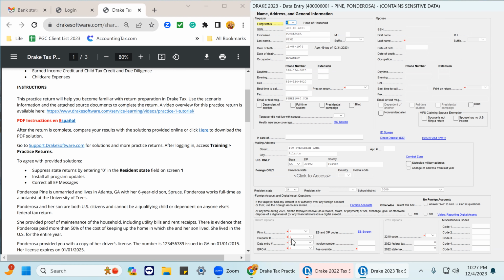There's an error message. The blue is what you can click into and input something. As you can see, because it's head of household, there's only the left side. There's no spouse in here. And then we choose number 4 in here.